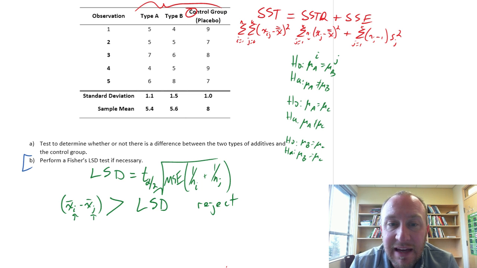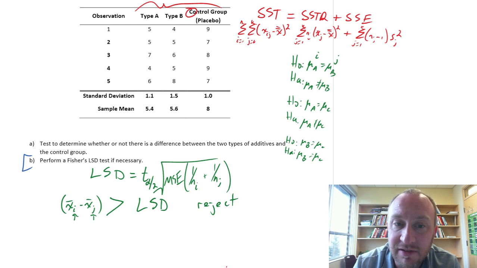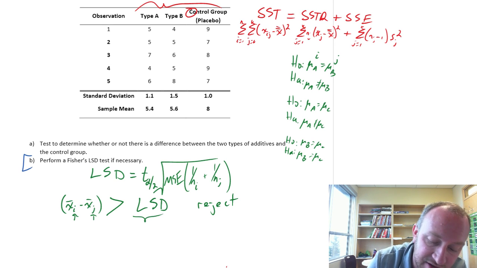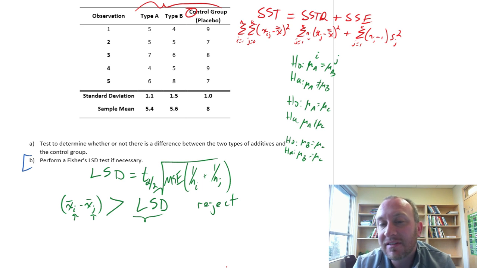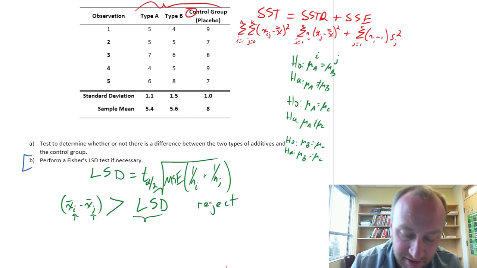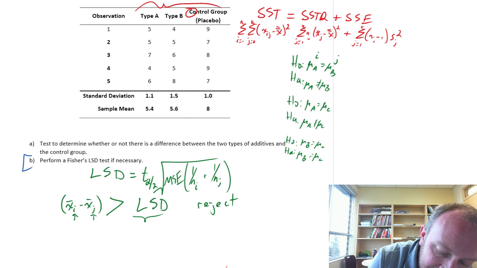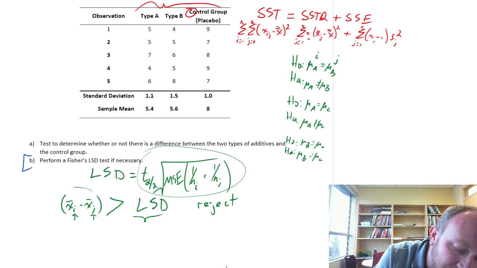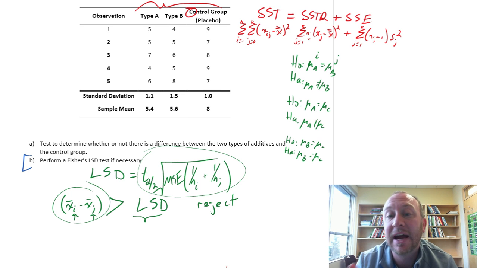In this case, we have 3 samples. They all have the same sample size, so we only have to calculate this LSD value once. If our samples had different sample sizes, we would have to calculate a specific LSD value for the specific pair of samples that we're comparing.